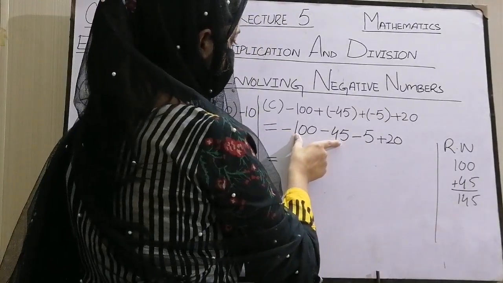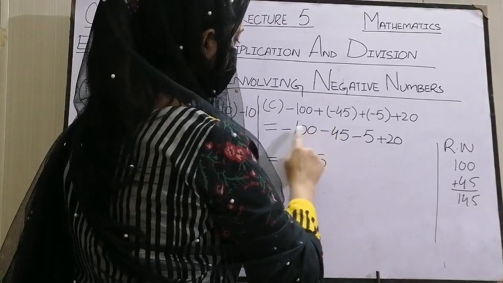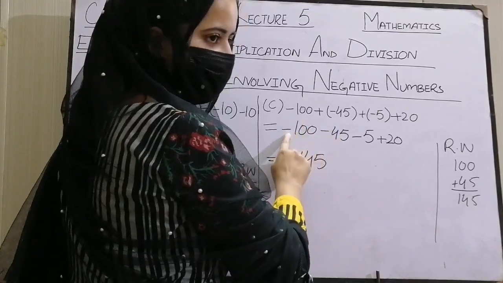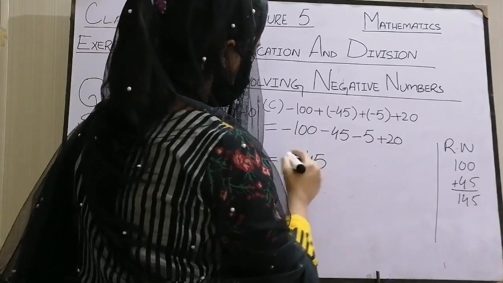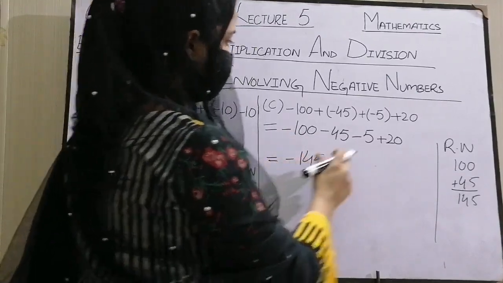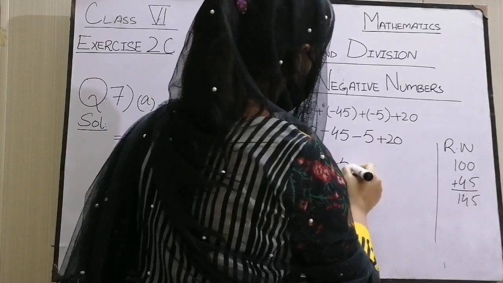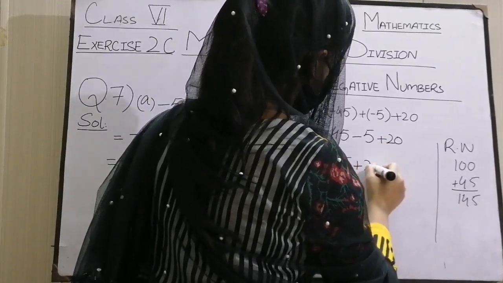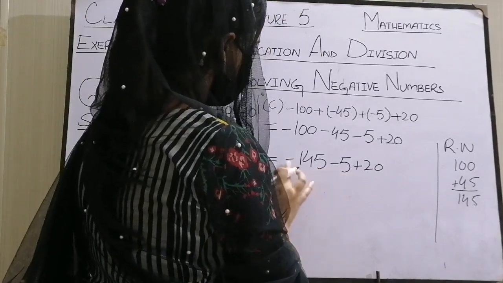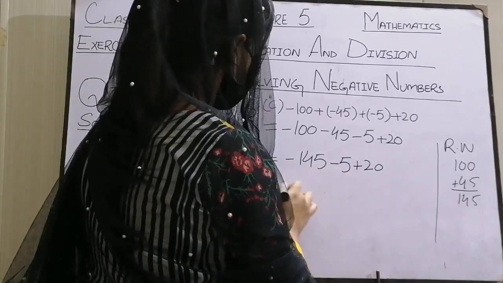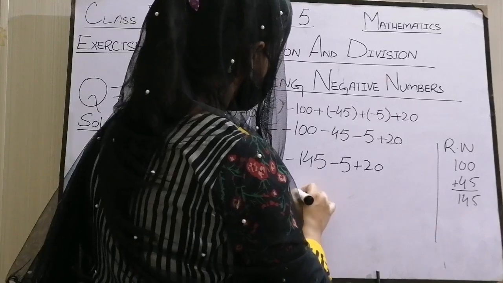We have solved these two. Which of these is the bigger one? Obviously 100 is the bigger number. It has negative sign with it. So we will write negative with their answer. These two remain same. Now we have to solve first two numbers, which are minus 145 and minus 5. Both have same sign with them.